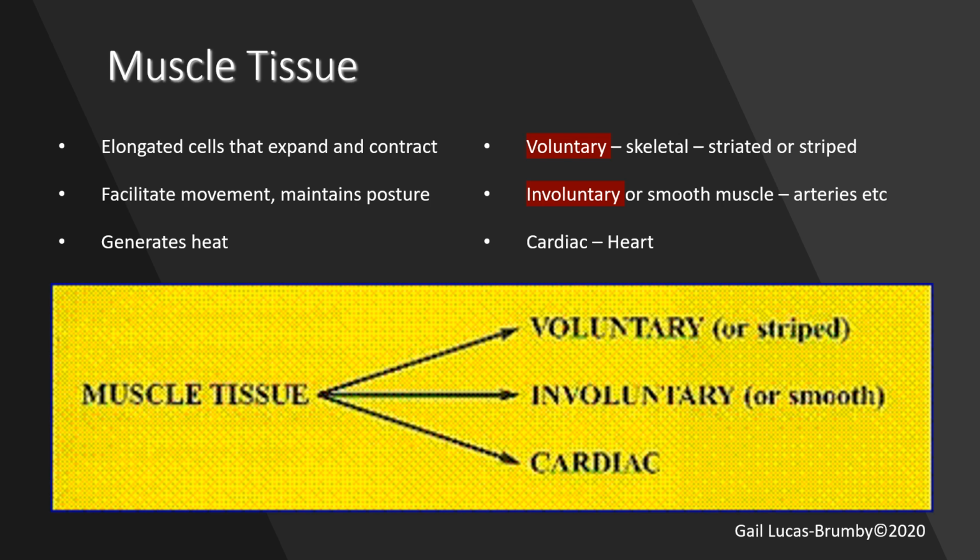These are all involuntary movements. We have no control over the dilation of our pupils. That happens automatically. So involuntary muscle is smooth muscle.